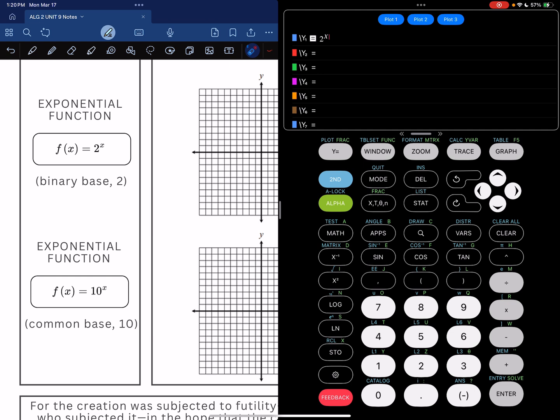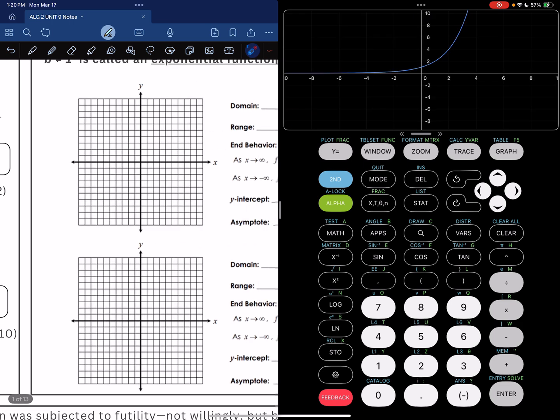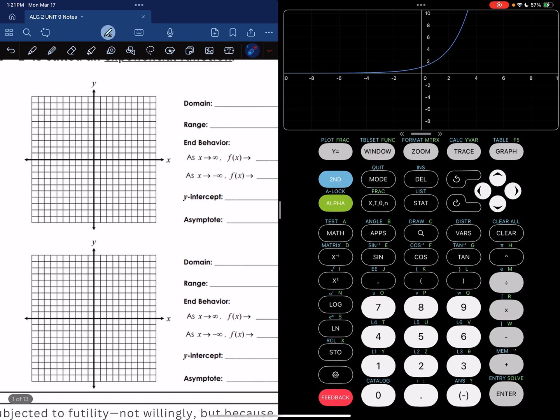Make sure that you select the x, that is the variable key next to your alpha button. Otherwise, your graph will not look like this. That is the graph of the exponential function. It starts off really slow and looking almost flat, and then it grows at a tremendous rate.